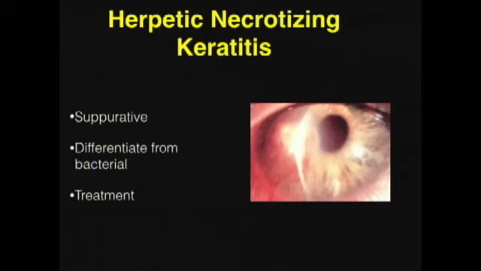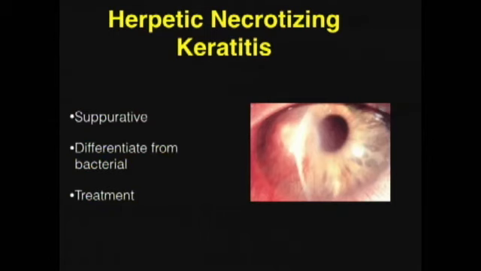Excellent. What else? New vascularization is very common with necrotizing keratitis. And as mentioned, usually if you have a bacterial ulcer, the epithelial defect will overlie the infiltrate. However, with necrotizing keratitis, sometimes you might find it eccentric.